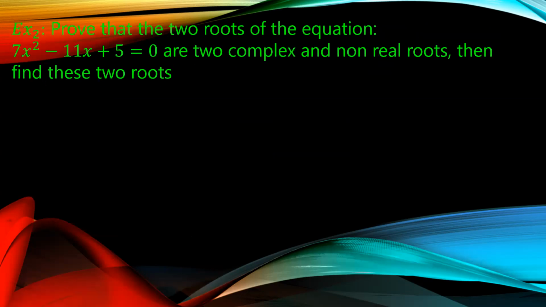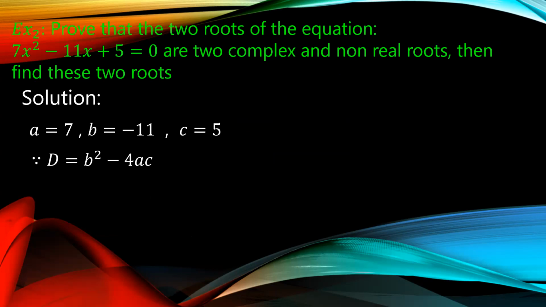Another example: prove that the two roots of the equation 7x power 2 minus 11x plus 5 equals 0 are two complex and non-real roots. Then find these two roots. At first, find the discriminant. D equals b power 2 minus 4ac, where a is 7, b is negative 11, c equals 5.